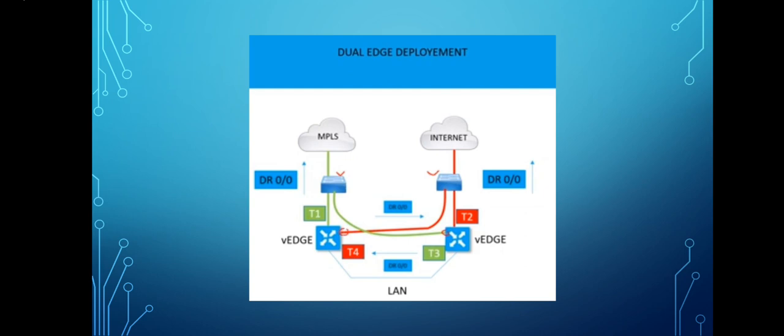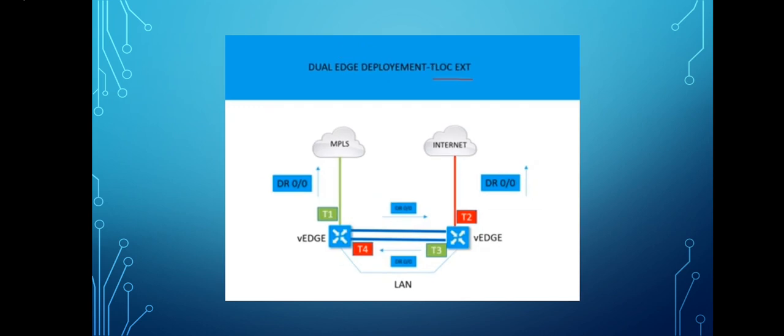Supposing you want to extend T1 and T2, like you want to extend the MPLS, you want to extend TLOC T1 to vEdge 2 and T2 to vEdge 1, then it can be done. You have to use one more router or L3 switch, or else you can have back-to-back connectivity between the vEdges and the extensions will be served.